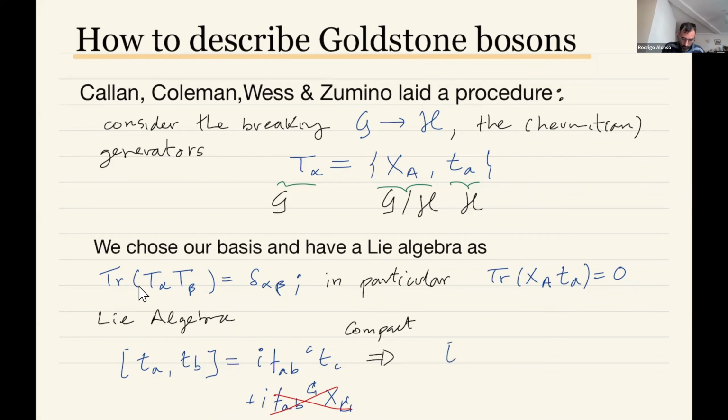So when we write the commutation relation of an unbroken and a broken generator, we can say that it projects onto the broken generators, but not onto the unbroken, because we just said that these structure constants with 2 unbroken and 1 broken index vanish.